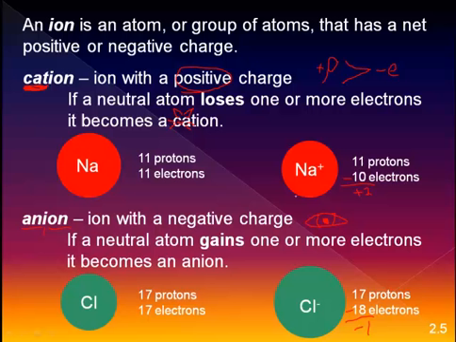It got a little bit smaller. This chlorine right here, when it gained an electron, it's now a little bit bigger around. So that's what happens. Whenever an atom ionizes, if it loses an electron, its total size shrinks. If it is gaining an electron, its total size from the nucleus out to the edge of the electrons gets bigger.